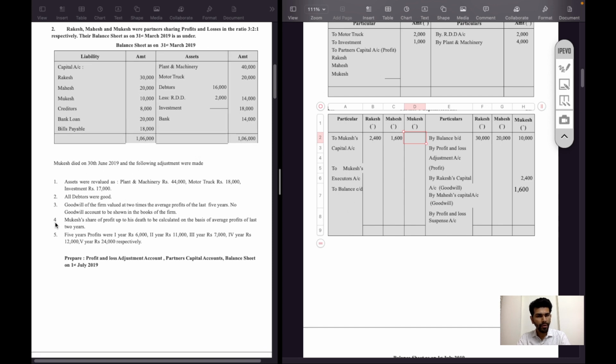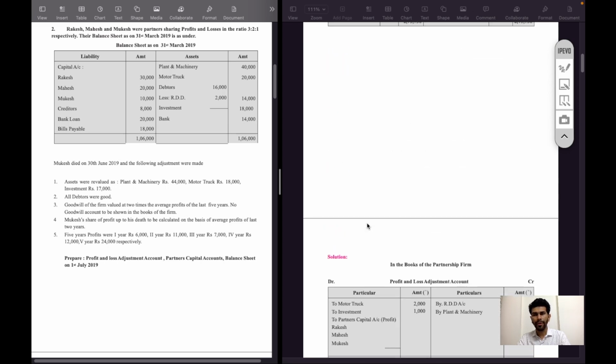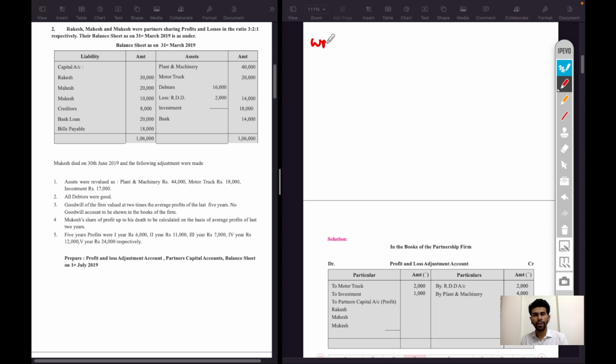Next, adjustment number 4. Mukesh's share of profit up to date of death will be calculated on the basis of average profit of last 2 years. So next calculation will be working note number 2, calculation of Mukesh's share of profit.